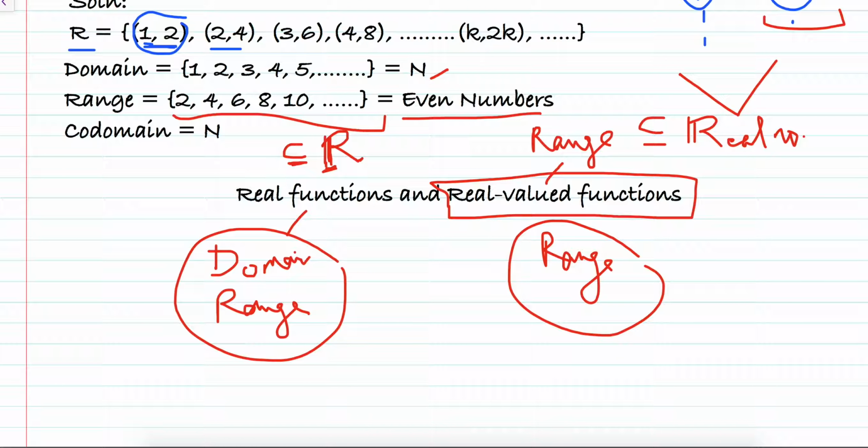Natural numbers are a subset of R, and even numbers are also a subset of R. So if either R or one of its subsets is the range of f, then we will call this a real valued function.